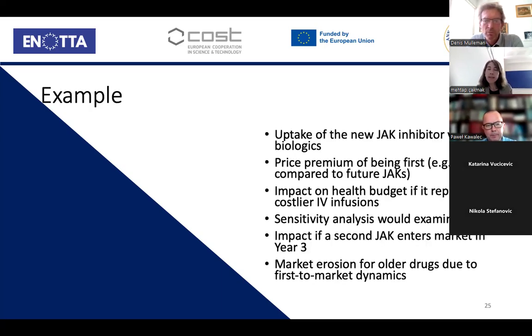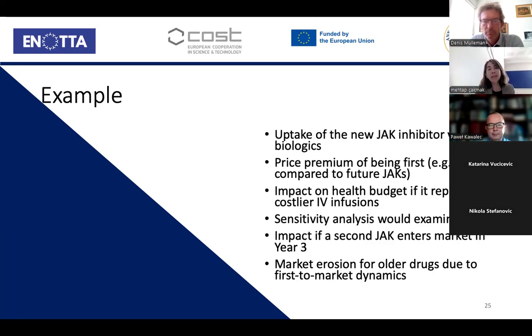This is the example uptake of the new JAK inhibitor versus older biologics. Price premium of being first and the impact on health budget if it replaces costlier intravenous infusion.